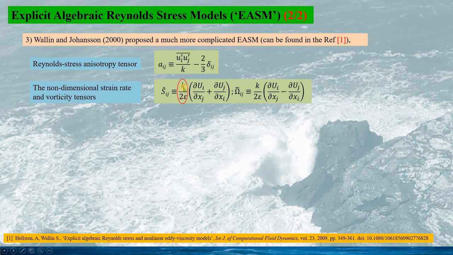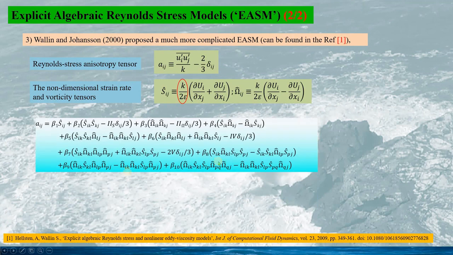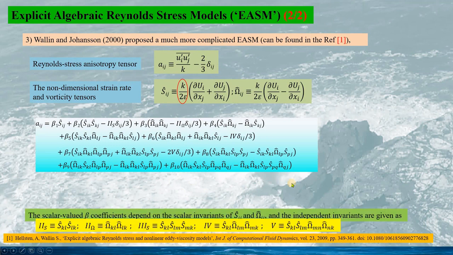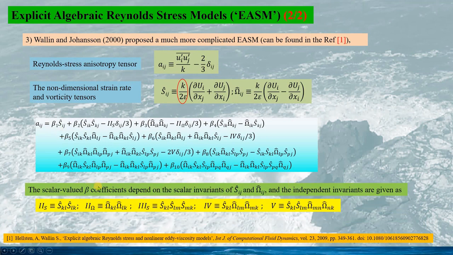Here we can see the turbulence kinetic energy and the dissipation rate must be known. And the anisotropy tensor is given by this complicated formula. And the coefficient beta depends on the scalar invariants of S hat ij and capital omega hat ij. And also some other independent invariants are given in this form.